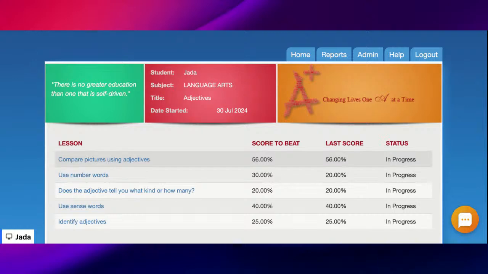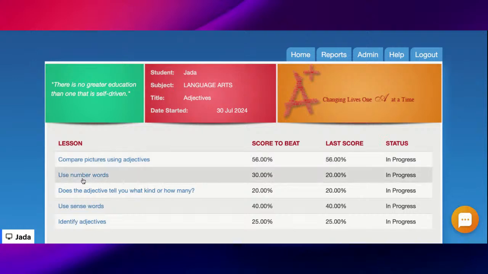No? Okay, you've done everything already. That's good. Those who haven't done it can do it again. Okay. Next, we will move on to using number words.